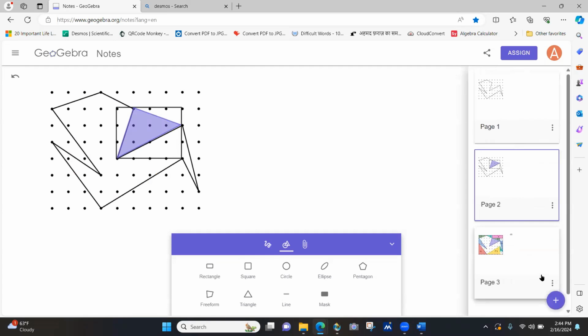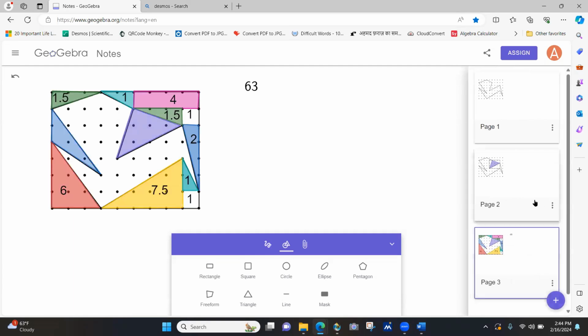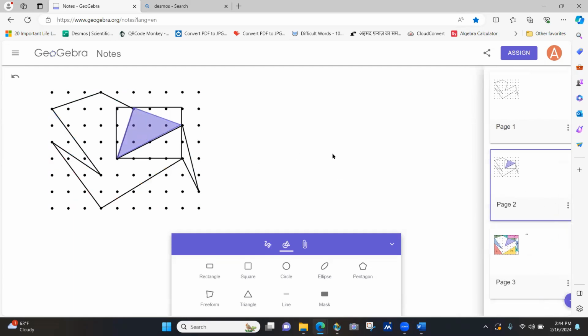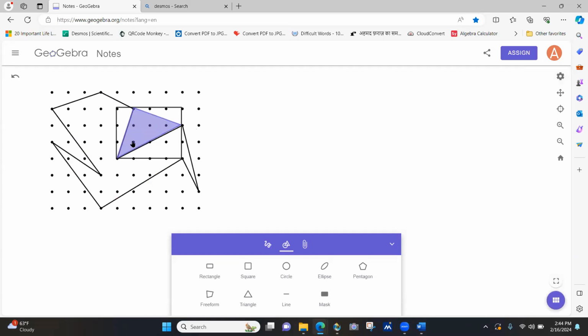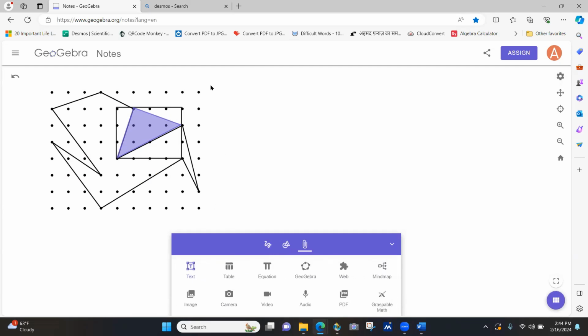Let me make sure it's the same color. I think so. So this purple triangle, I want to know the area of this purple triangle. This white triangle here is going to be 3 times 1 divided by 2, which is 1.5. I'm going to write 1.5 somewhere here. I don't have enough room.